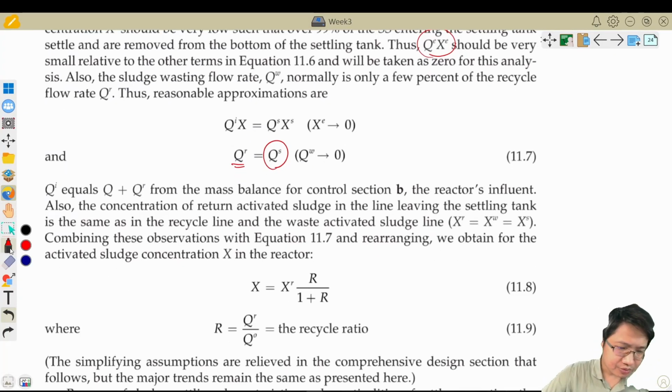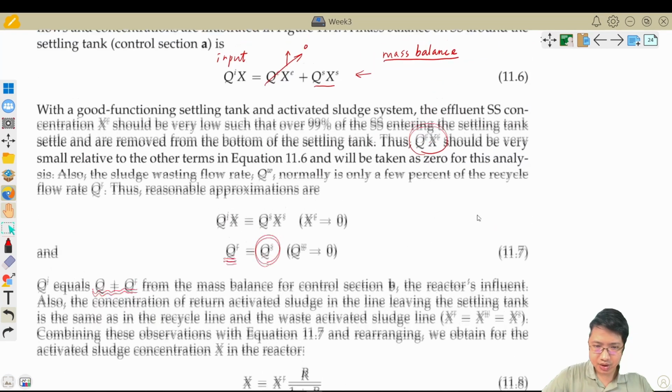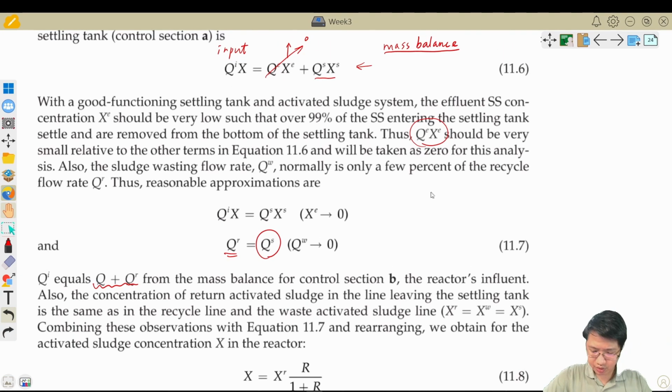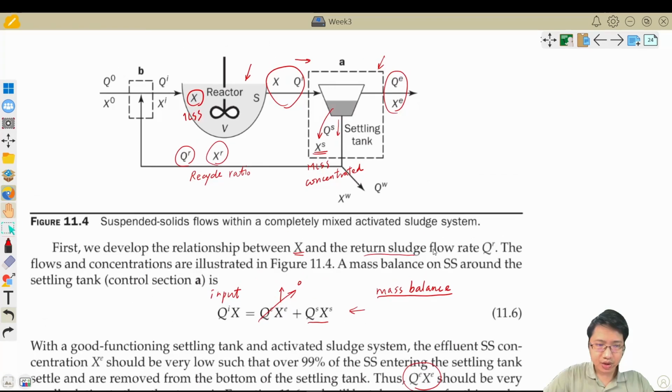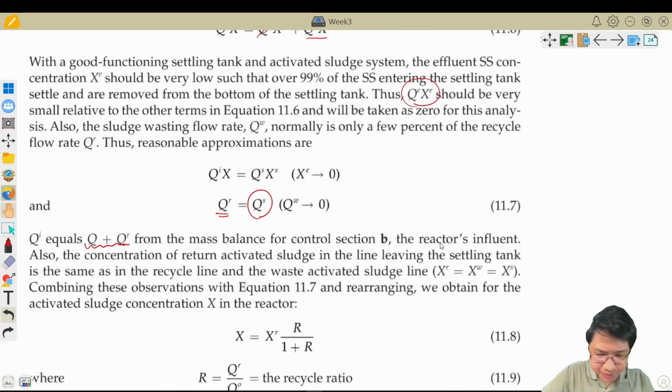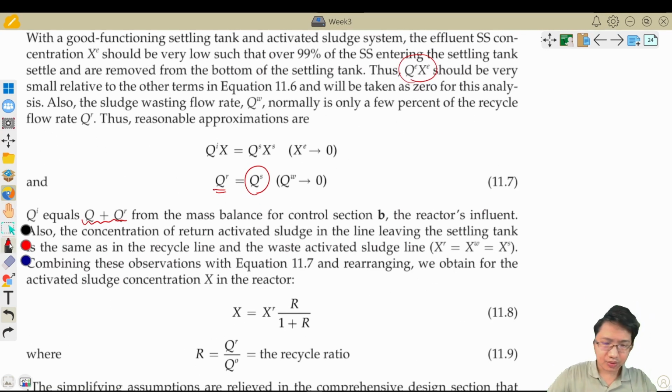We know Qi equals Q plus QR, like Q0 plus your QR.